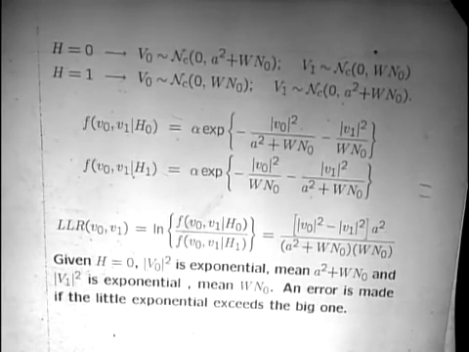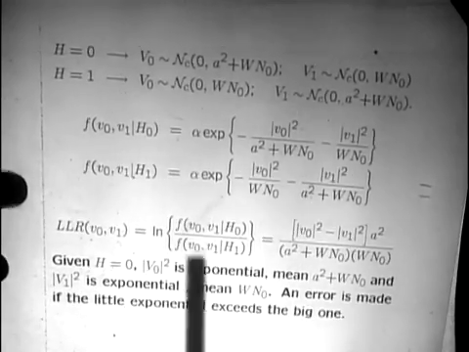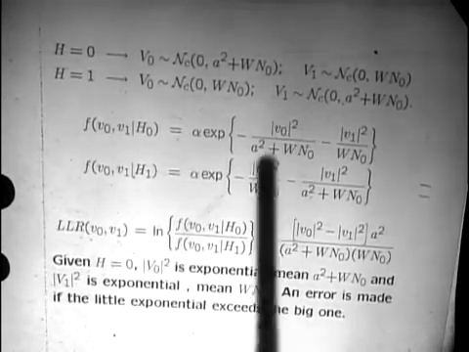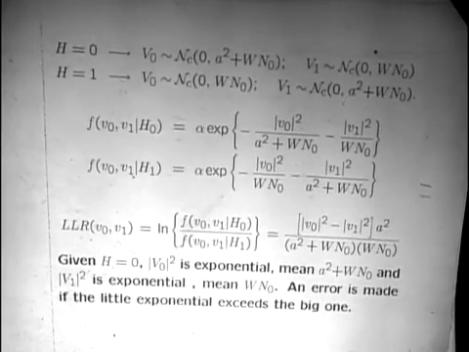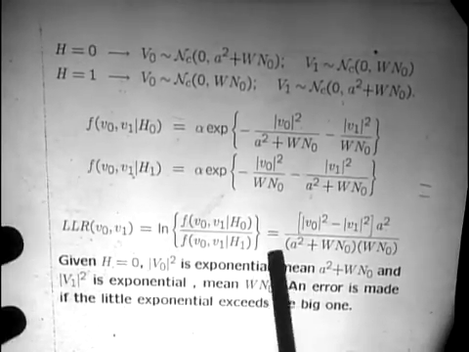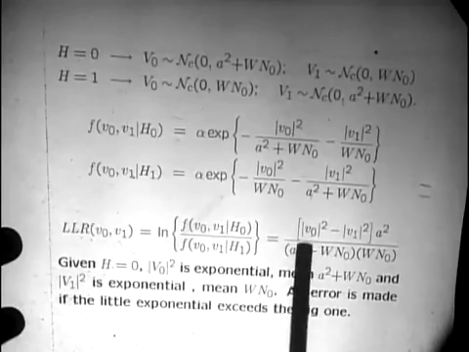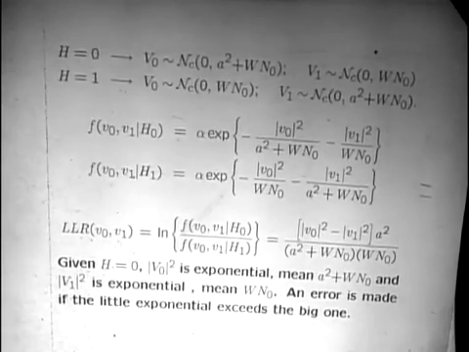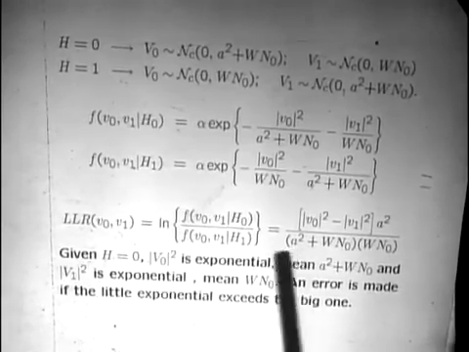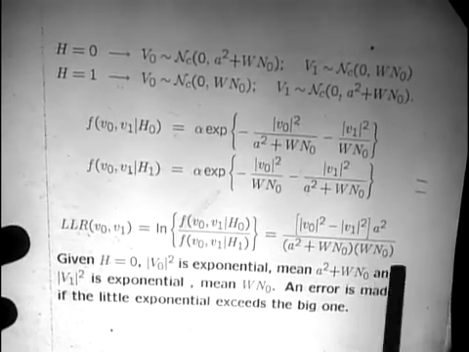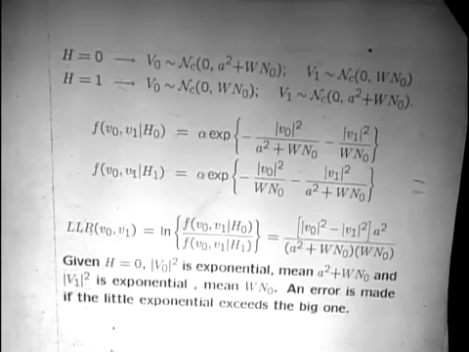For V0, you have this term minus this term, and for V1, you have this term minus this term. Because of the symmetry between the two, this just comes out as V0 squared minus V1 squared times a squared, and when you do the algebra, the denominator is a squared plus Wn0 times Wn0.